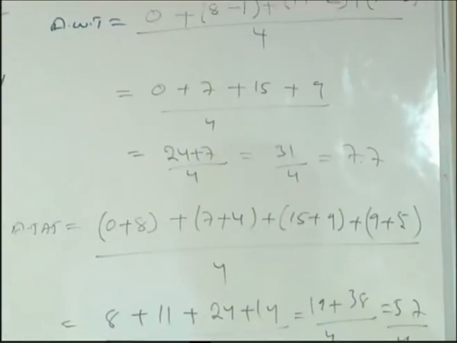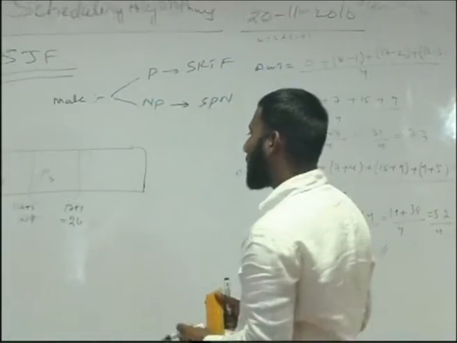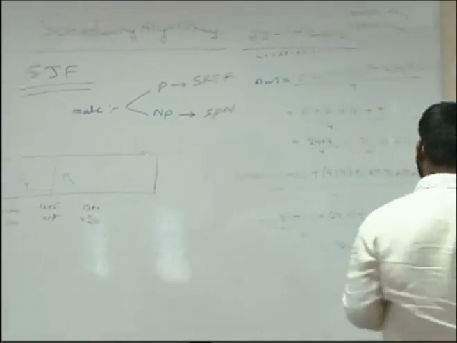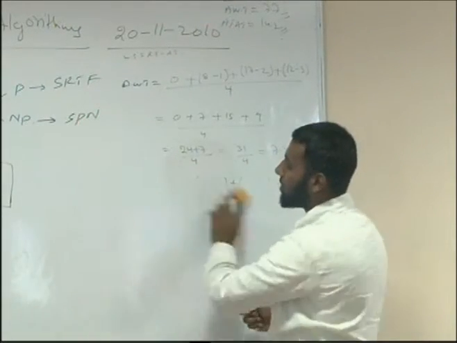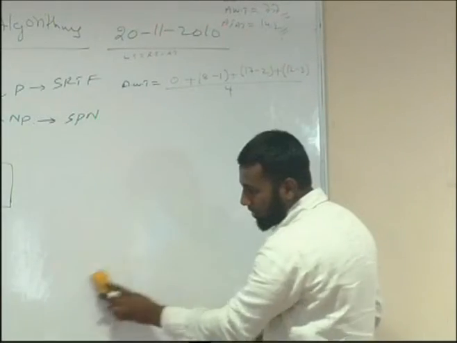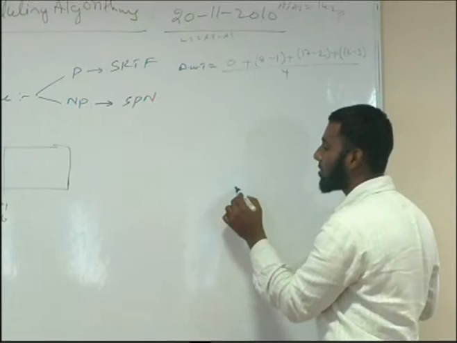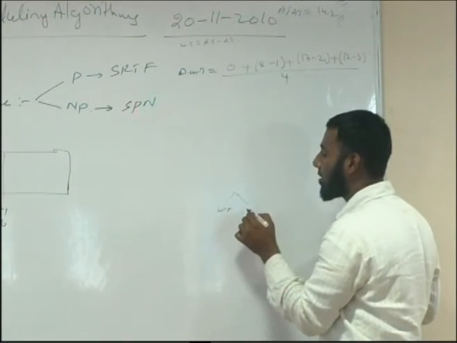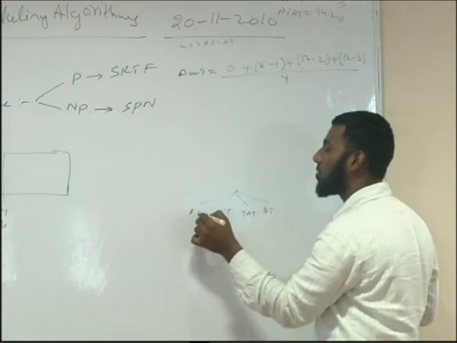Okay. Now the same problem we will solve with the help of shortest remaining time first, and we will see the results. So how do we change the average waiting time? See, the main focus of a scheduling algorithm is that there are many times associated with a process. A process has waiting time, turnaround time, burst time, response time.